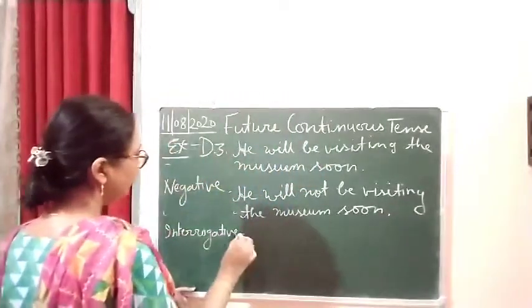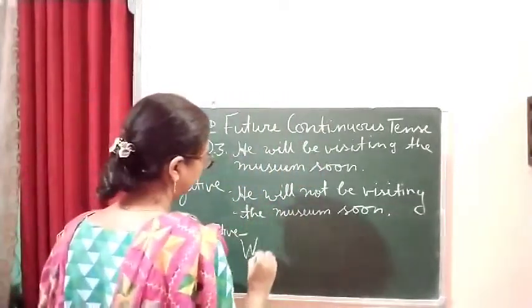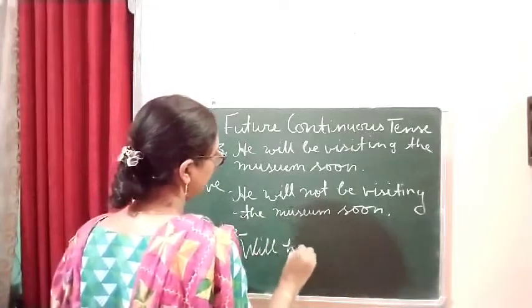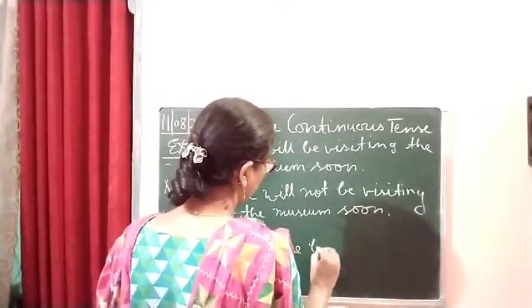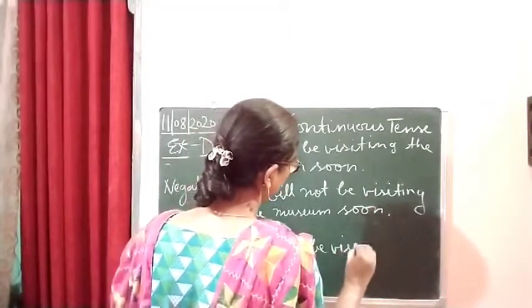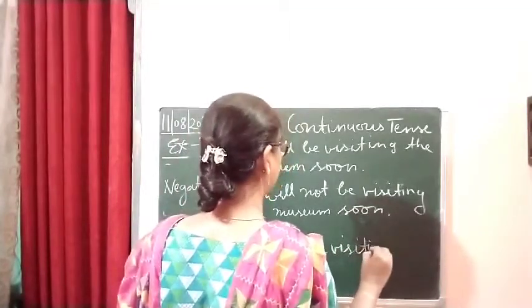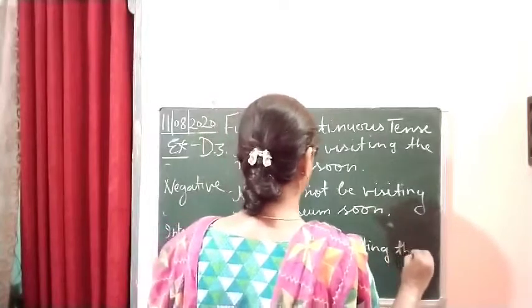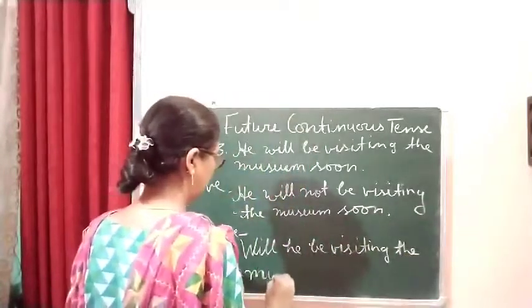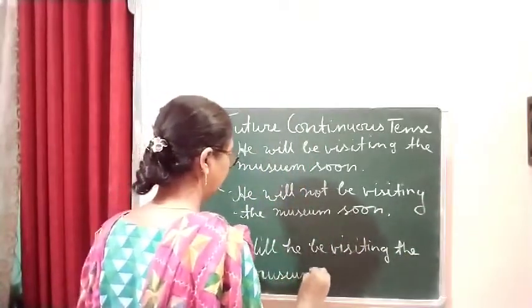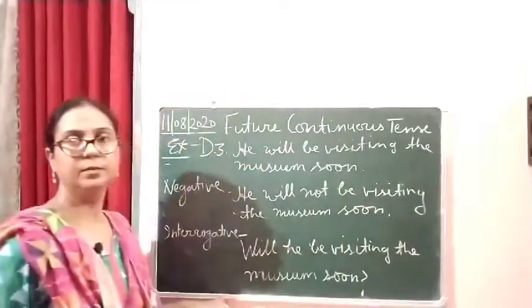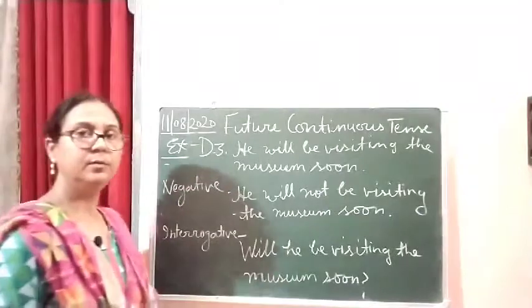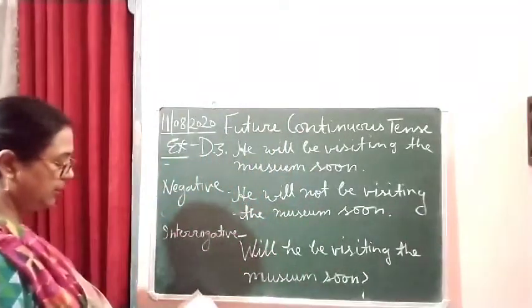In interrogative, will he be visiting the museum soon? You complete it. Now we are moving to number 4.